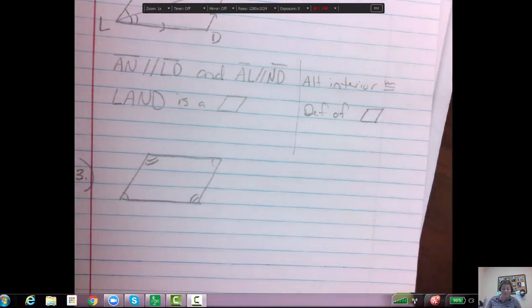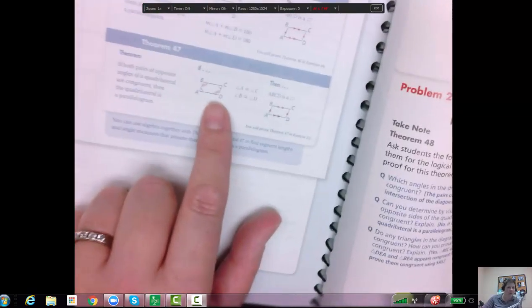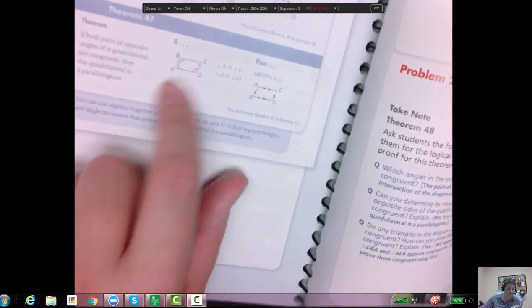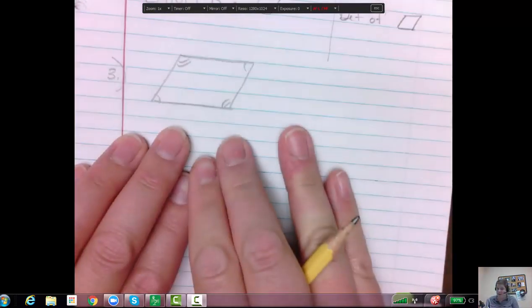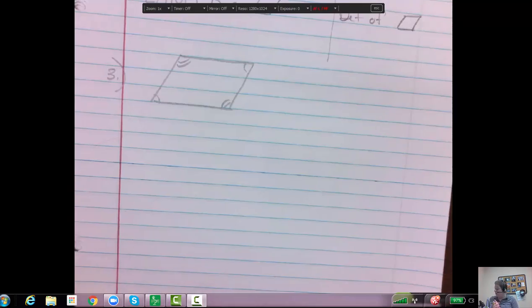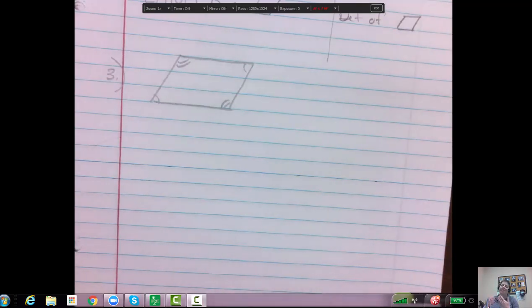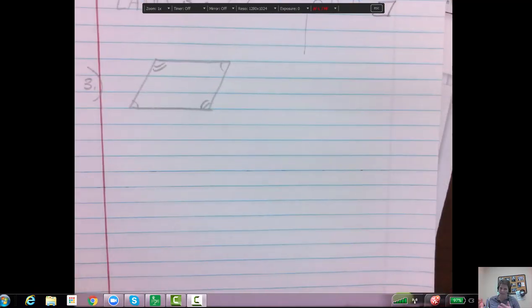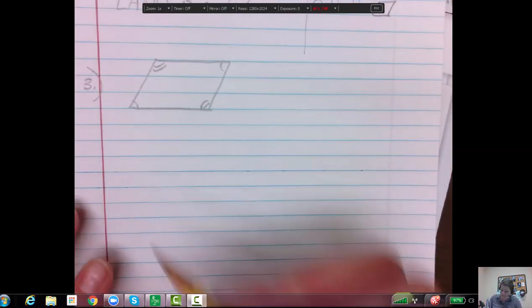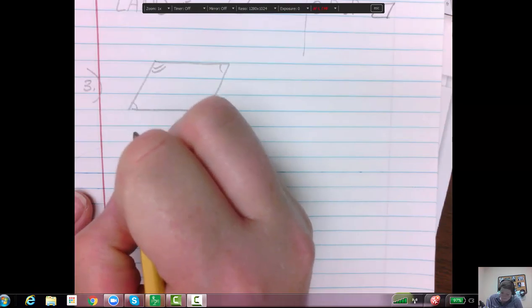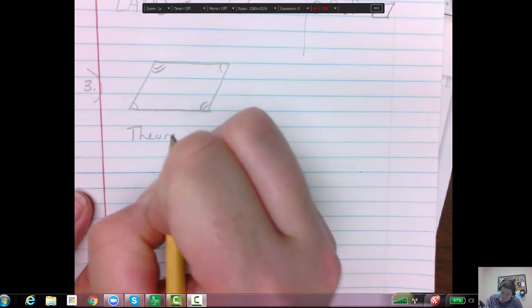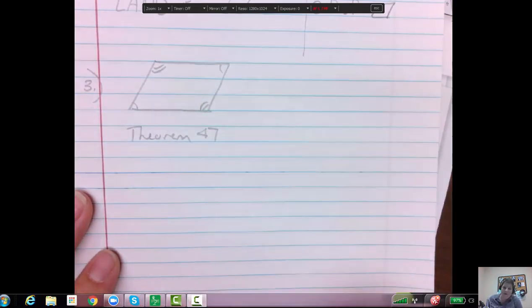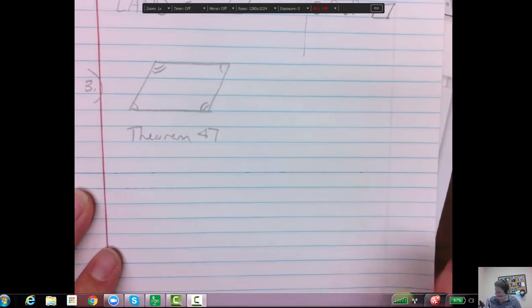This one is theorem 47, which says opposite angles congruent, then parallelogram. So we can state that this is a parallelogram by theorem 47, or you can say because both pairs of opposite angles are congruent. They may not state it like theorem 47 because it might be called something else in a different textbook. For us, it's theorem 47, and you could list out the reasons.